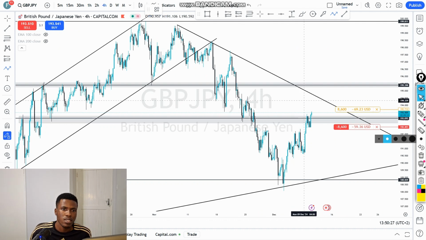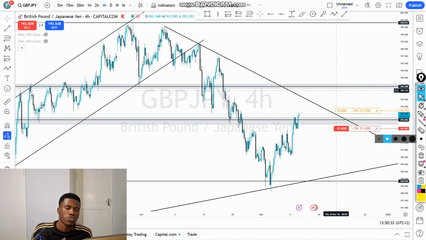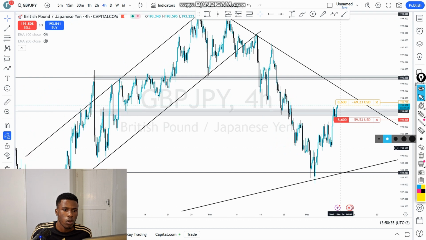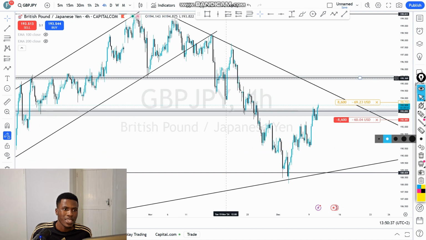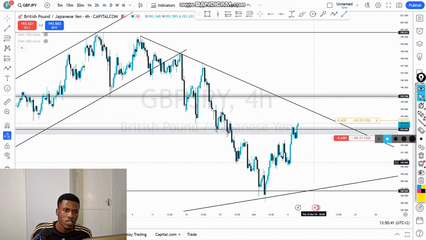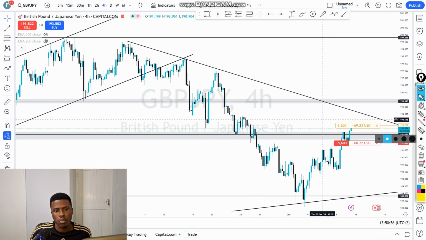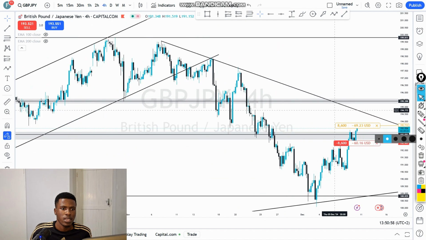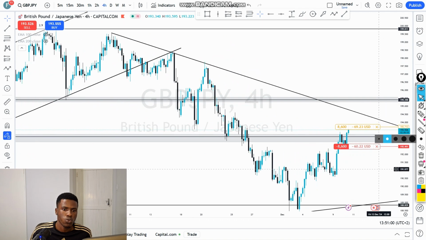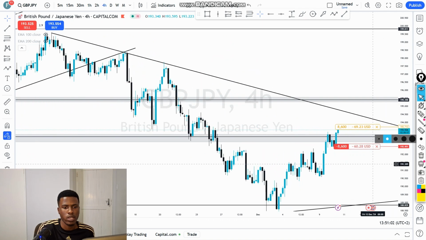If we do see this trend line right here that's going to the downside being broken, that's going to be my reason to stop following this short-term downtrend right here and look for other opportunities, and maybe come back later when there is clear direction as to where the price is going.